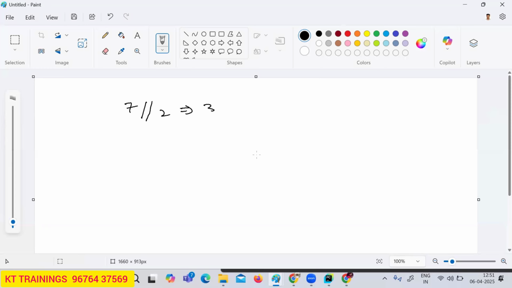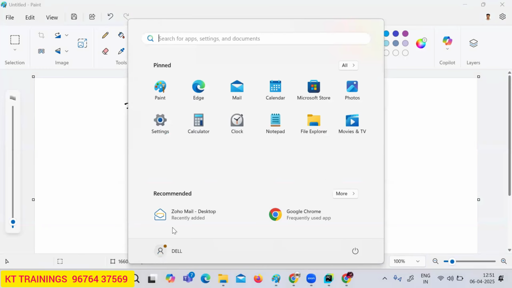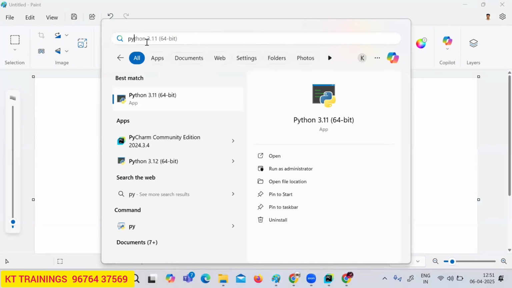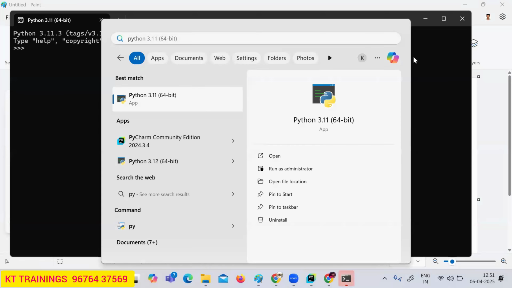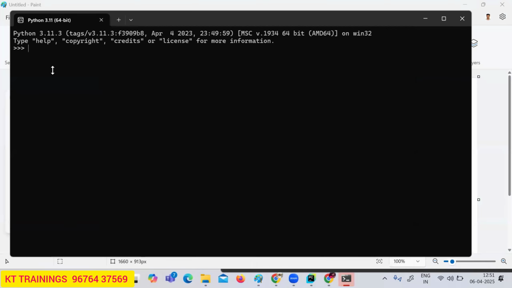I can show a demo for that operator. One minute. Are you able to see my screen? 4/2, what is the answer? 2.0. Yes. 4 double slash 2, sorry, what is the answer?